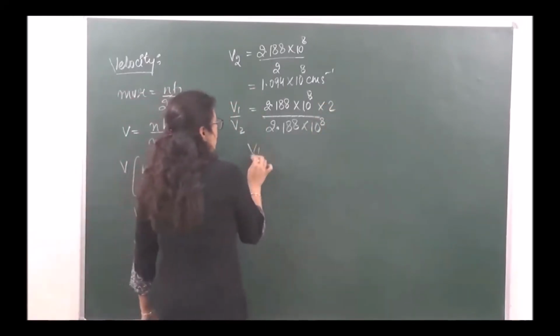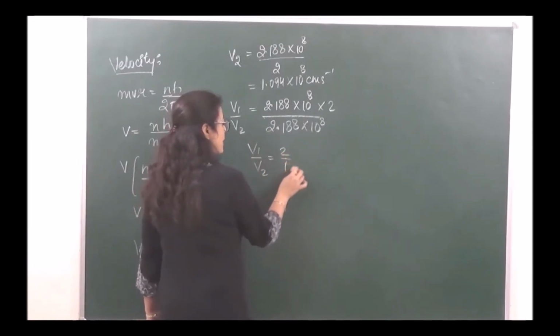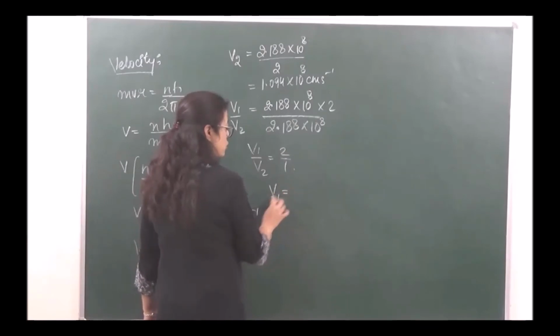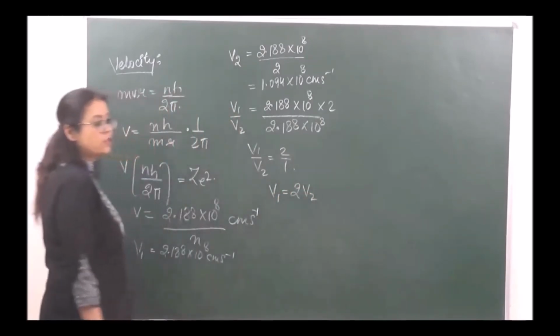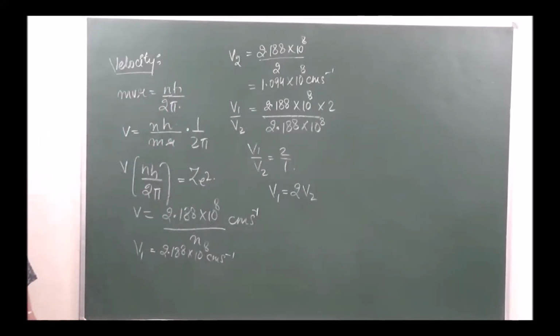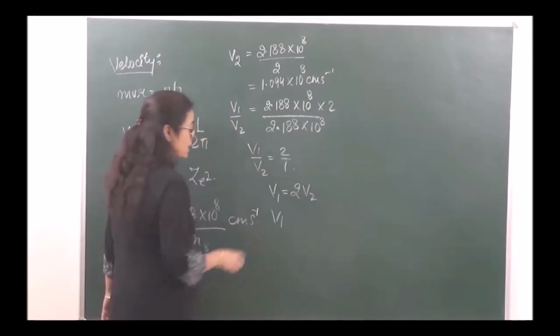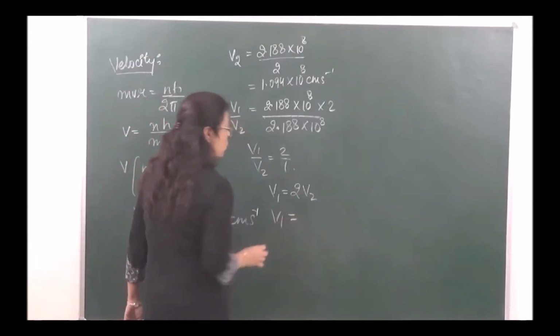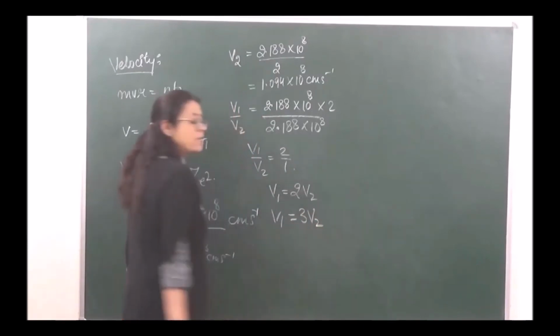So the ratio of v1 upon v2 is equal to 2 upon 1, or the velocity of the electron in the first orbit is twice the velocity of the electron in the second orbit. And you can calculate the ratio between v1 and v3 also. Between v1 and v3, v1 will become equal to 3 times v3.